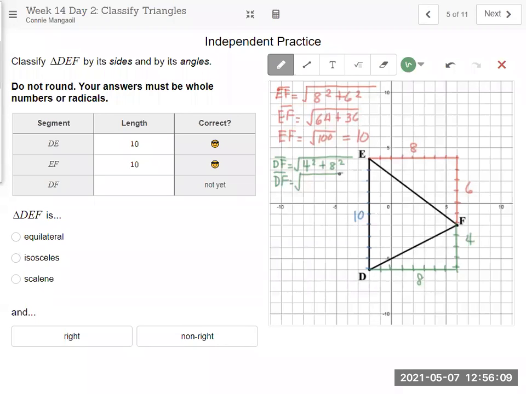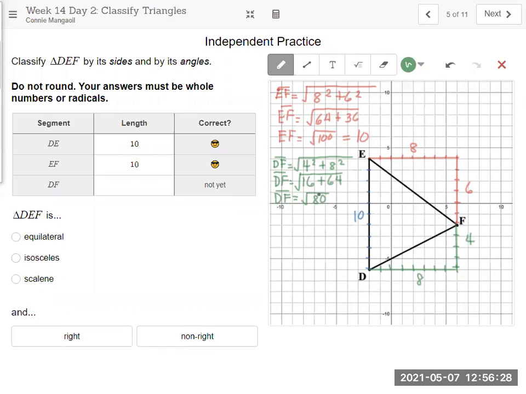Okay. So 4 squared is 16. And 8 squared is 64. Okay. Therefore, our DF would be equal to square root of 16 plus 64 is 80.